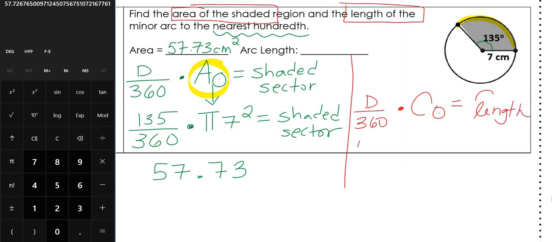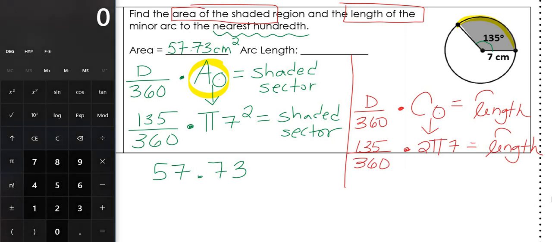So our degree measure is 135 over 360 times the circumference of a full circle, which is 2 pi r. So 2 pi times 7, and that's going to give you the arc length. All of this is in the calculator.